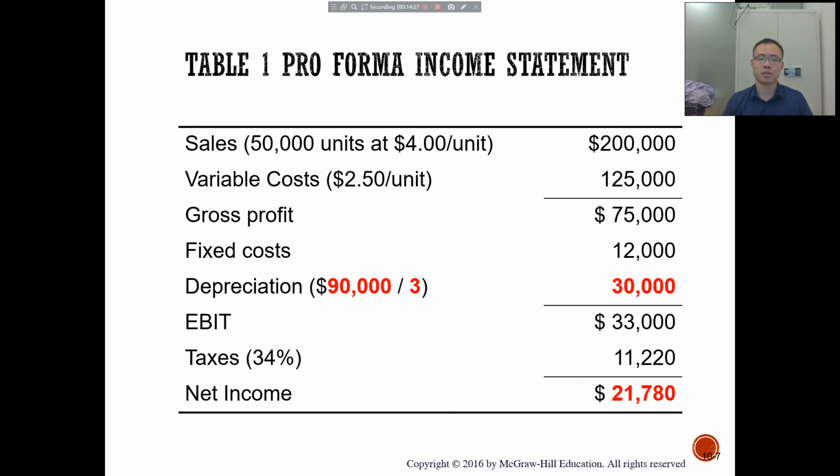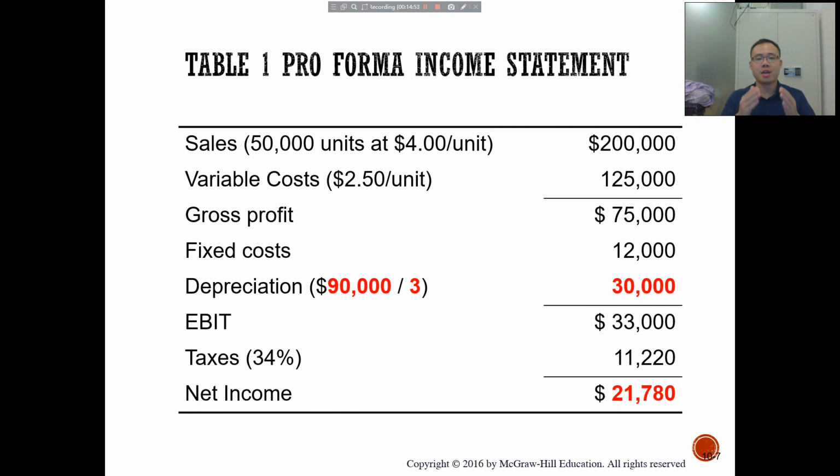It's assumed. The cash flow only happens in the first period when you pay out $90,000, before this project starts, when you pay $90,000 to buy the equipment.